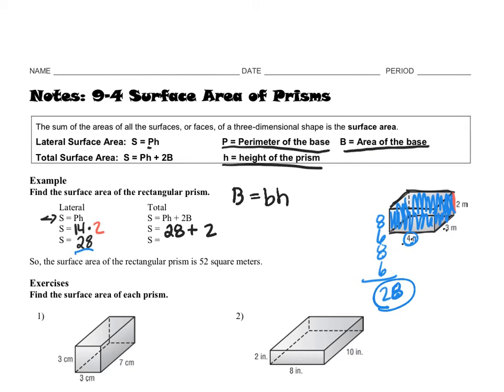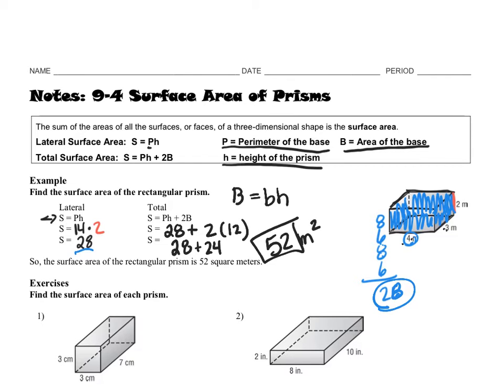It's 2B because there are 2 bases. So 4 times 3 is 12, and 2 times 12 is 24. 28 plus 24 is 52. So you should get 52 for total surface area.